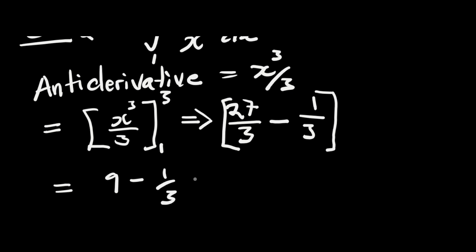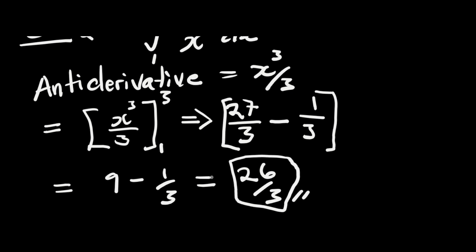Our final answer will be 26 upon 3. This is our final answer. That's how we compute definite integrals quickly using the theorem.